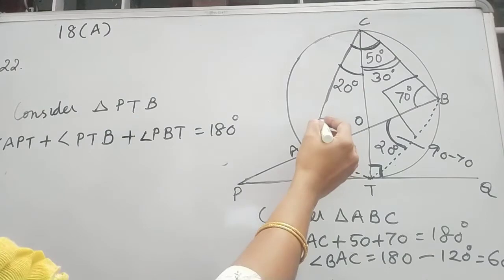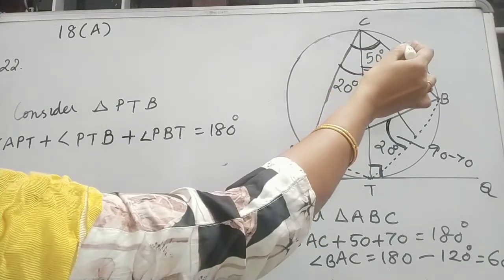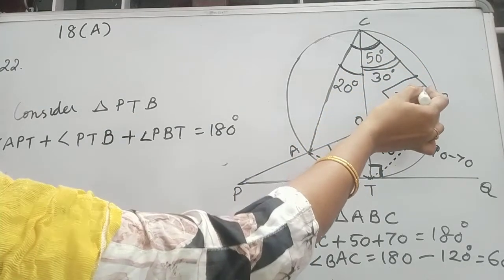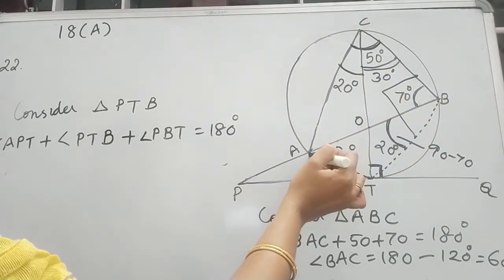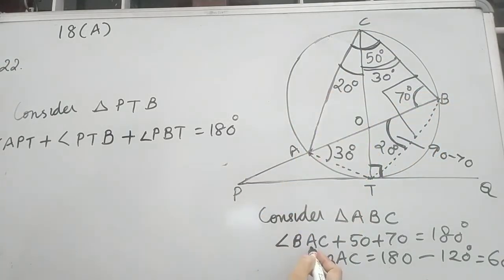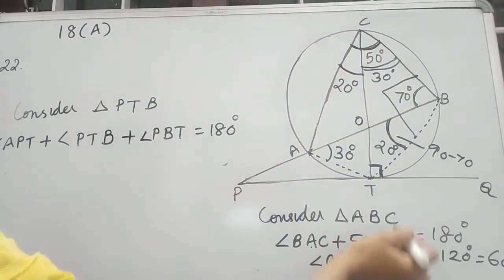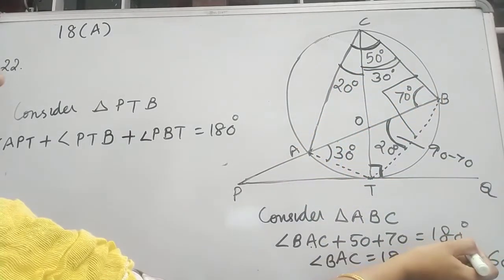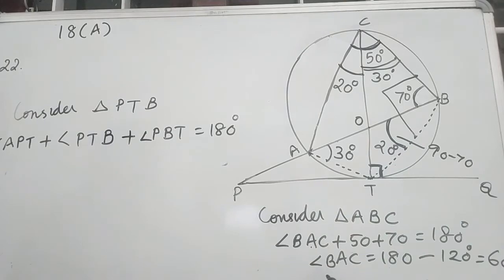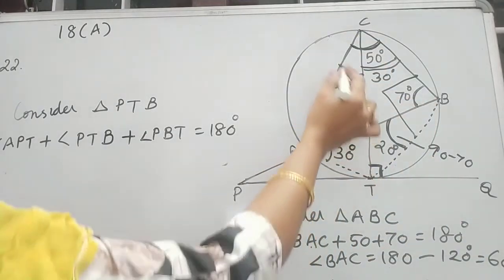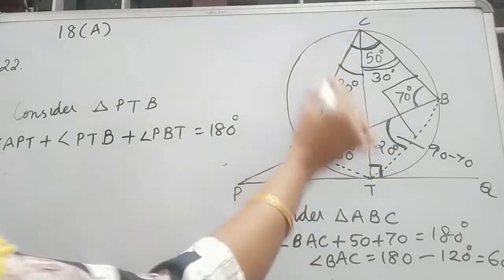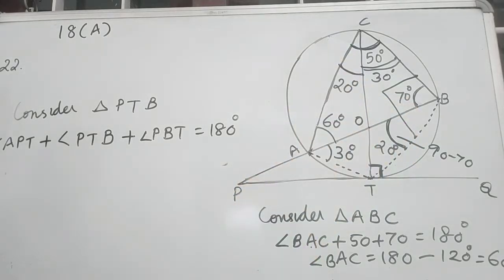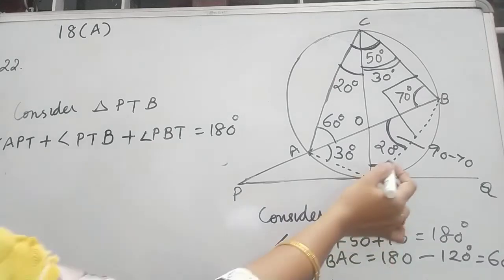So angle BAC plus this 50 plus this 70 is equal to 180. From there we get angle BAC as 60 degrees. BAC is 60 degrees, which means BTC will be 60 degrees.